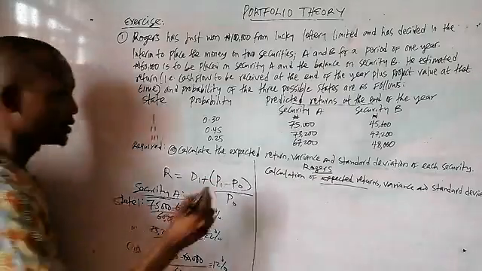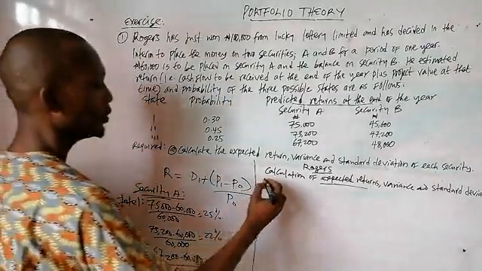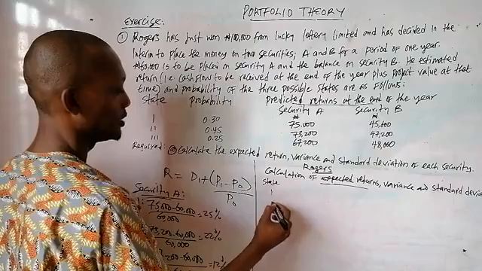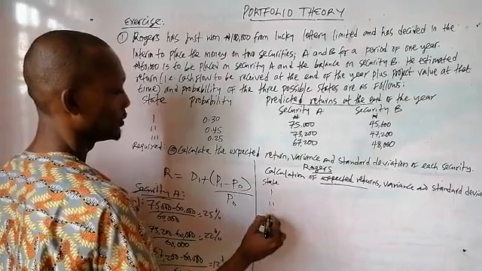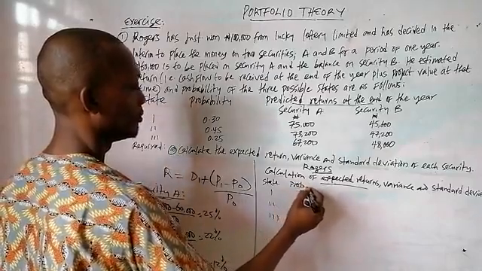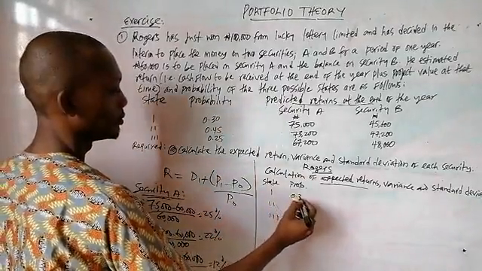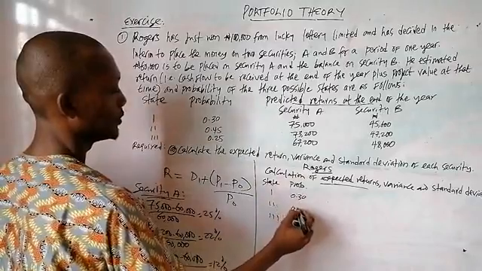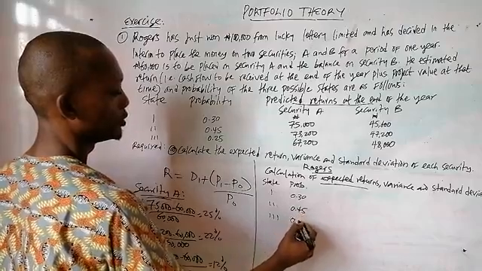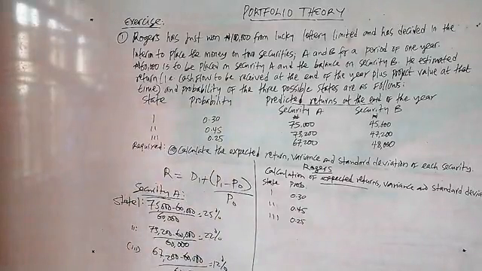So let's now start. State 1, state 2, state 3. What is the probability? The probabilities given in the question are 0.3, 0.45, and 0.25.